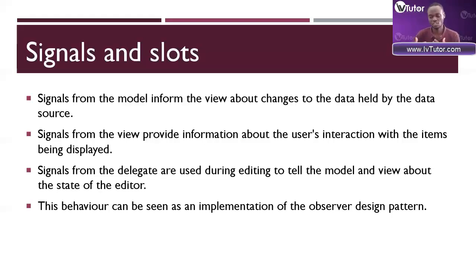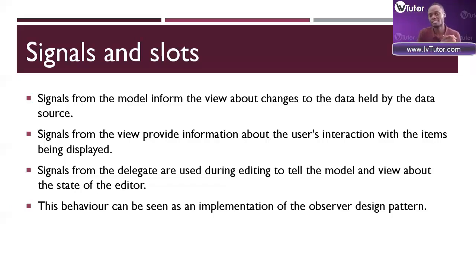So every time there's a change in the model, a signal is emitted in order to tell the view that something has changed. And in the same manner, if something changes on the view, the model needs to know. So the model is always emitting signals whenever there are data changes. The view is also always emitting signals whenever there are user interactions happening on the view, like selecting rows or updating information on the view.